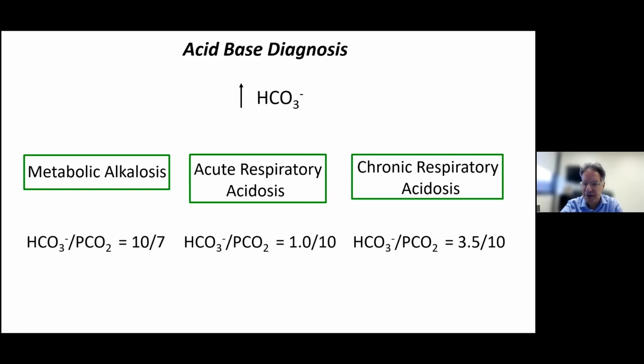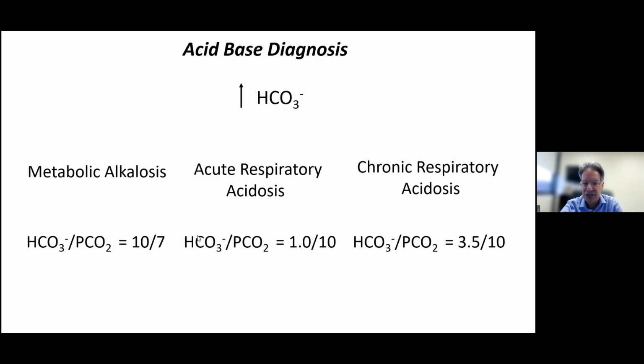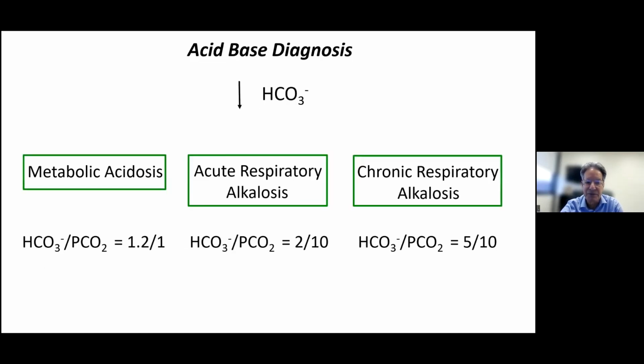And the direction, remember, is the same for all of these too. In all these situations, you have an increase in bicarbonate and an increase in PCO2 above normality. So the direction of the change doesn't help you. All three have the same directional changes, just like in the metabolic acidosis, acute or chronic respiratory alkalosis situation, all of them have a drop in bicarbonate and a drop in PCO2 below normality.